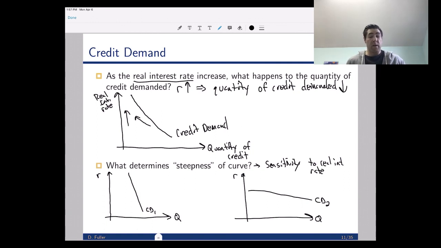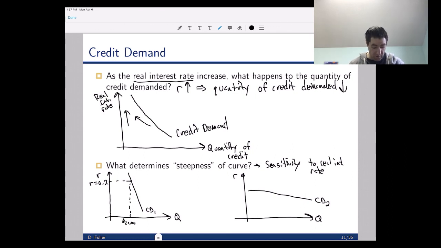What we see here is in credit demand 1, we're much less sensitive to changes in the real interest rate. What we mean by that is the quantity of credit demanded doesn't change much as the real interest rate changes. So notice I could have, say, a real interest rate of 20%, and let's say I demand $20,000 in credit.